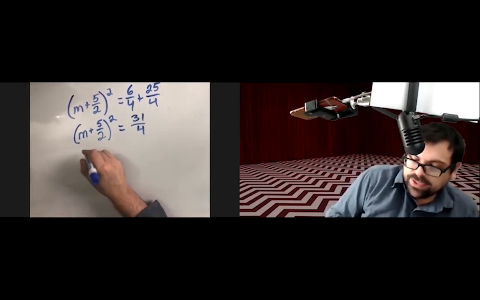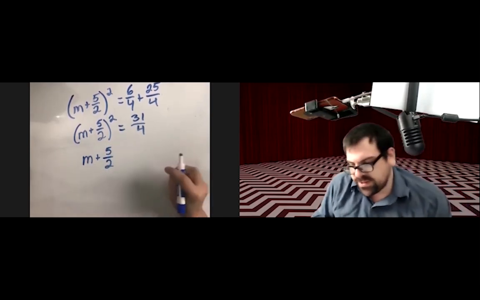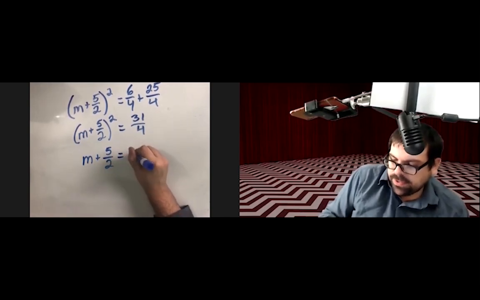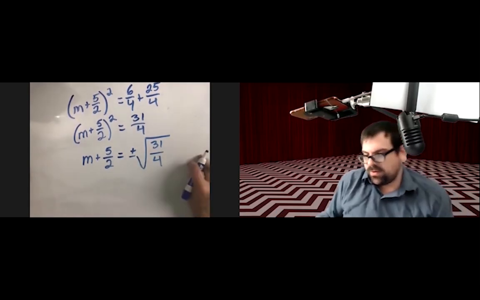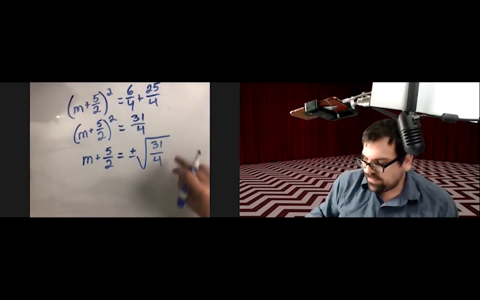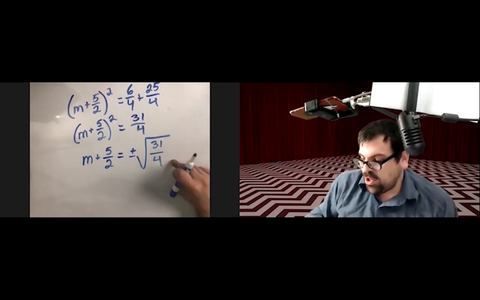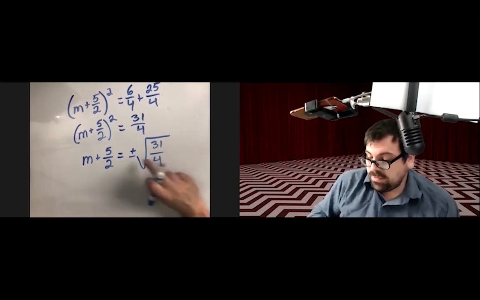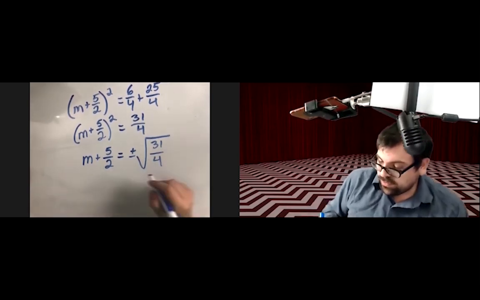The square and the square root cancel each other out, just leaving us with m plus 5 halves. Over here, we get plus or minus the square root of 31 over 4. Watch what happens here. This is beautiful. Rationalizing, right? 31 over 4, we can't simplify it, but because it's the square root of a fraction, that's like having square root over square root.